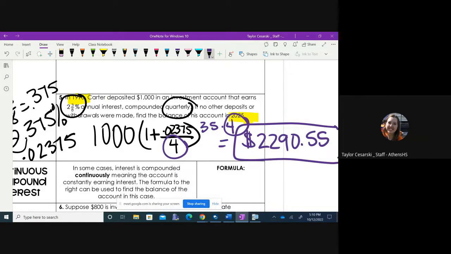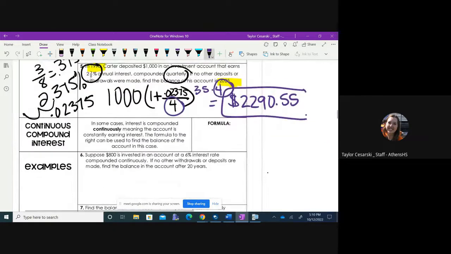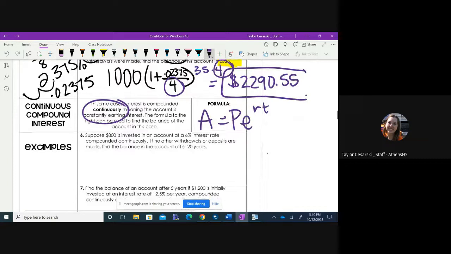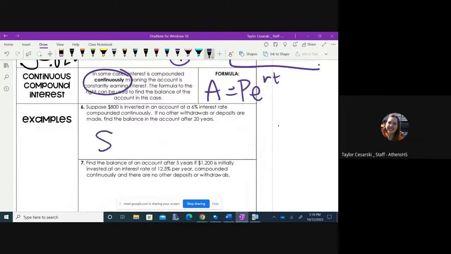All right, and then the last thing is just continuous compound interest. This is the exact same as what we saw before. If we see continuously, we're going to use PERT, so Pe^(rt). Just this time we're talking about money. So in number 6, $800, and it's compounded continuously. That tells me to use Pe^(rt), not the 1 plus r.